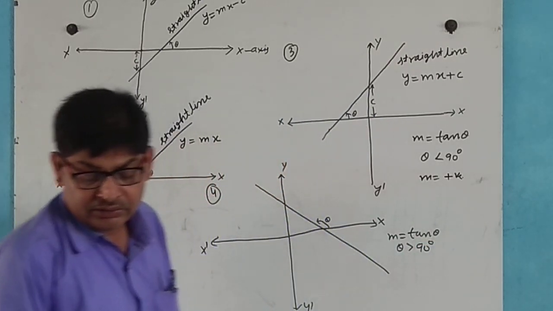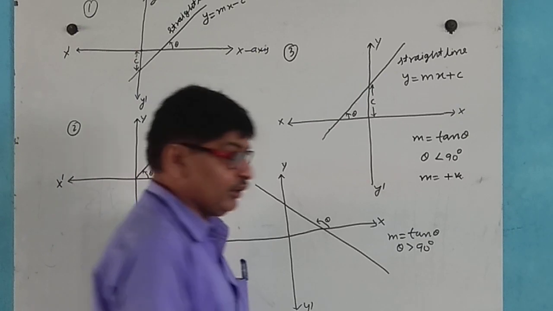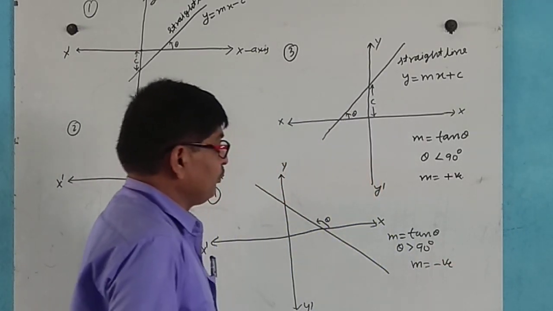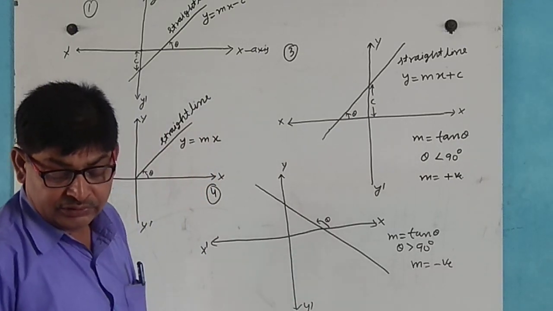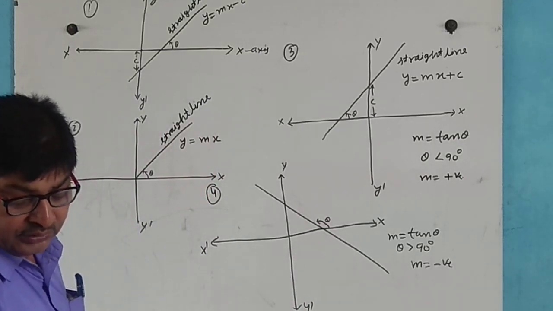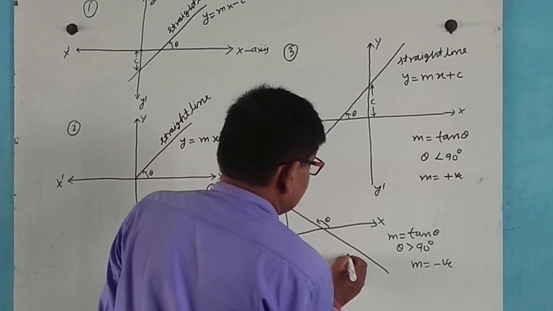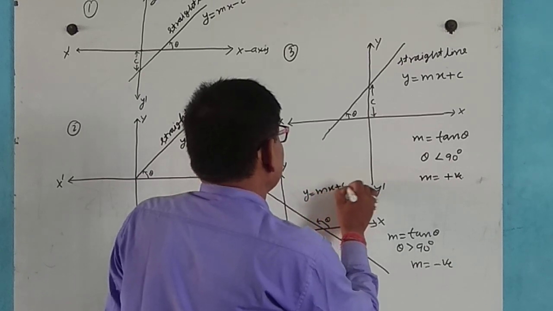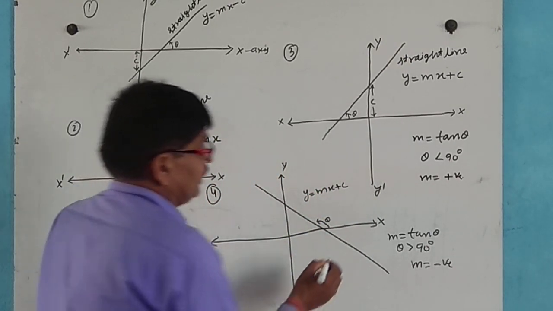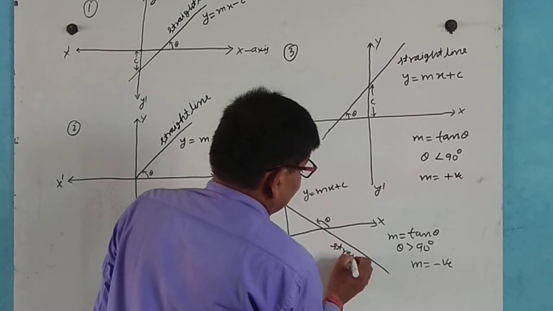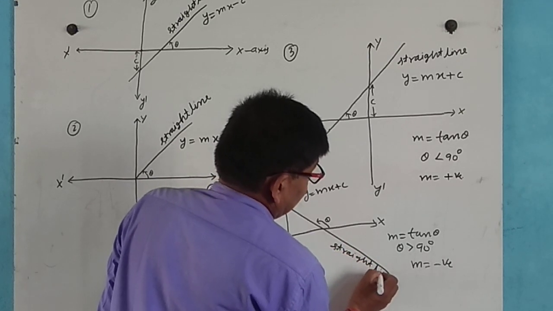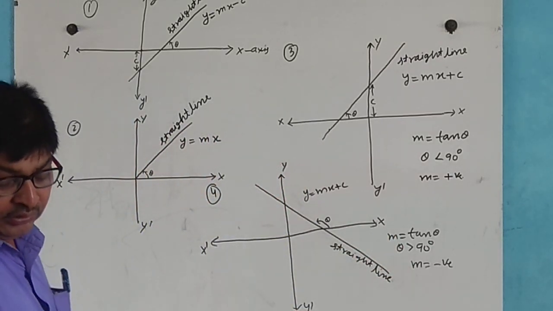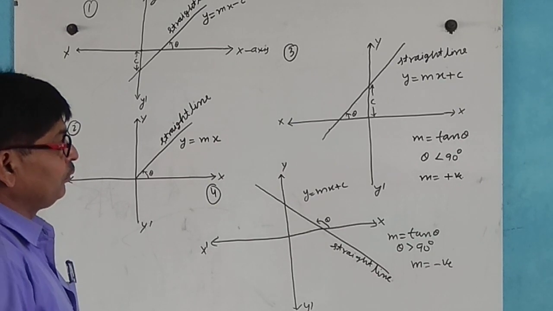It means that m is a negative value, and the equation of this is y is equal to mx plus c. This is also a straight line.